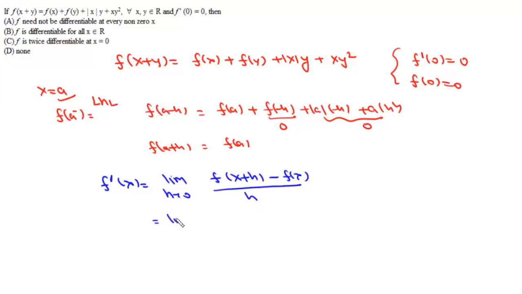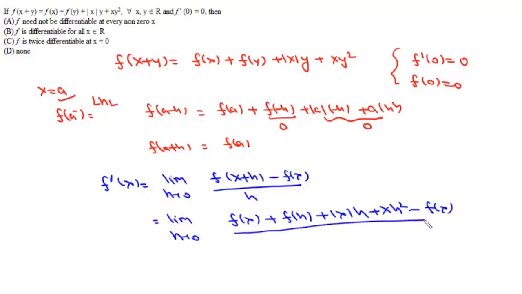Now we can write this as the limit h tends to 0 of [f(x) + f(h) + |x|h + xh squared - f(x)] whole divided by h. Now this f(x) and f(x) will cancel and f(0) is 0.